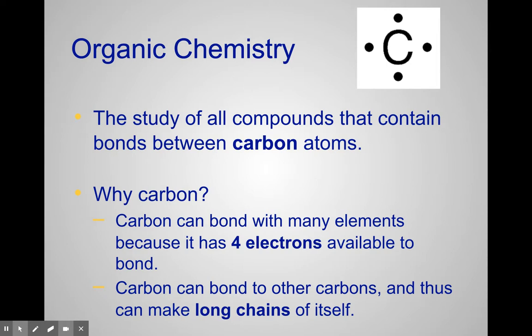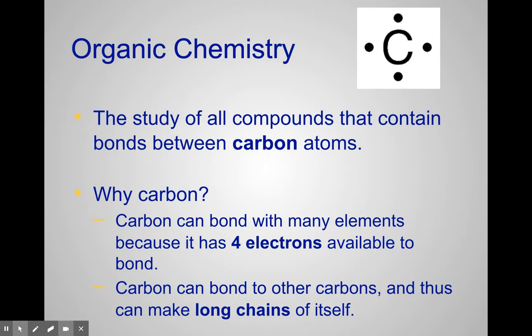So why carbon? Well, carbon can bond with many elements because it has 4 electrons available to bond. Remember when we talked about those outer energy levels when we talked about protons, electrons, and neutrons? The first energy level can only hold 2, and the second energy level can hold 8.